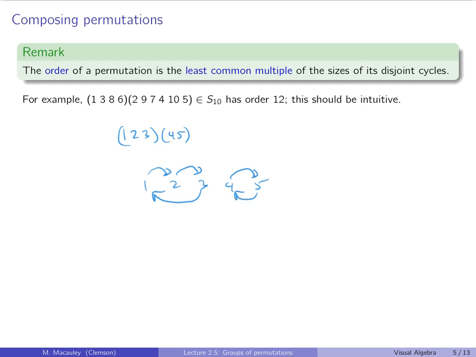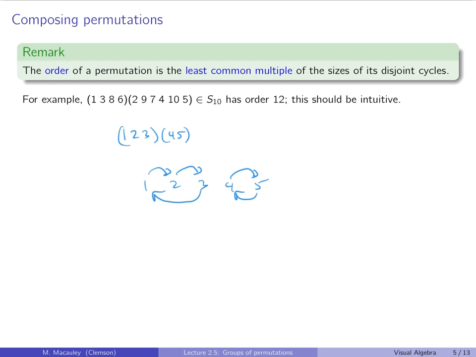And how many times do you have to apply this permutation to get back to where you started? Well, every third step. So think of these as people sitting in chairs, and they're cyclically shifting these 3 seats and these 2 seats. So every third time step, these 3 will be back in the original order, and every second time step, these 2 will be back. So every 6th time step, they will both be back in the original order.